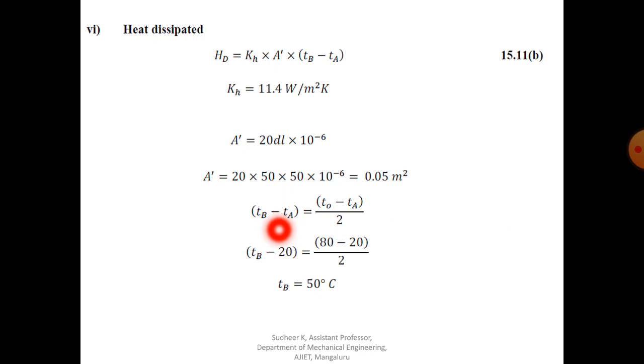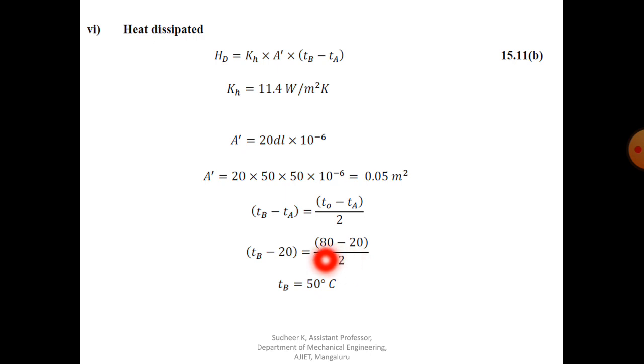Based on this relation you can calculate the bearing temperature, where TB is the bearing temperature and TA is the ambient temperature. This equation you already studied in heat transfer. That is one mode of convective heat transfer, according to Newton's law of cooling, equal to 80 minus 20.